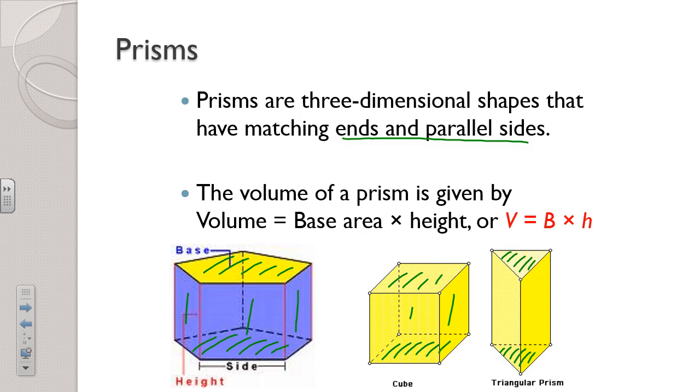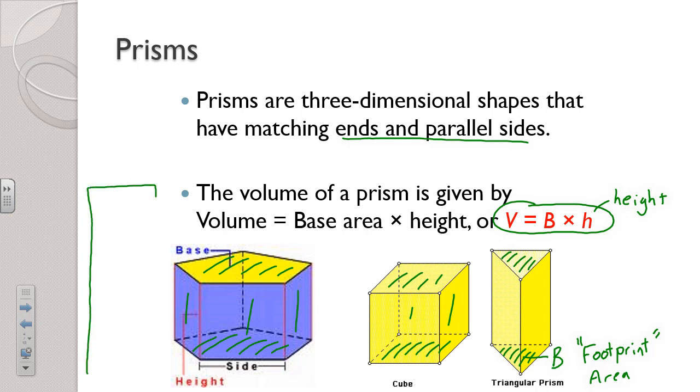So to find the volume of a prism, we need to know the area of the base. That is our capital B. I like to call that the footprint. We have to find the area, not just one dimension, but the area of that bottom, and then we multiply it by the height. I like to think of that as being kind of like an apartment building.